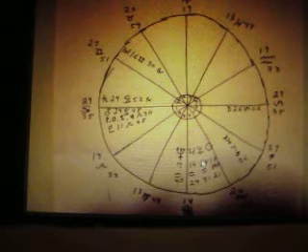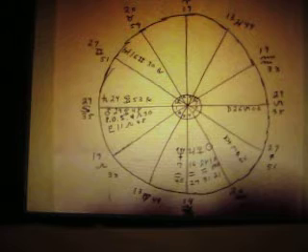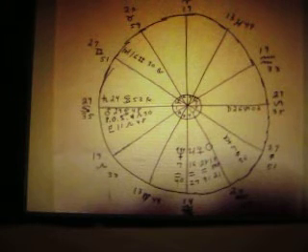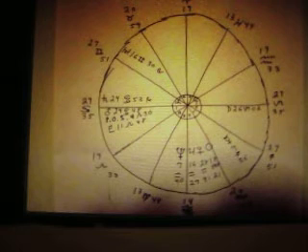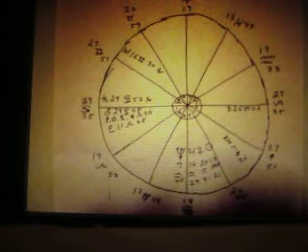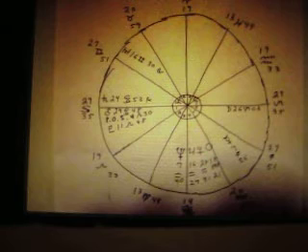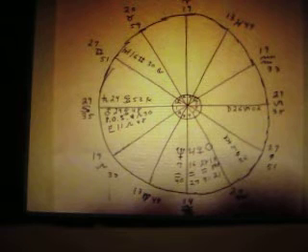Well, people, the thing I want to get at is that the opposition is really perceived as the main problem or conflict, and with the opposition between the Moon and Mars, it could indicate strong, emotional, acrimonious outbursts toward others often.